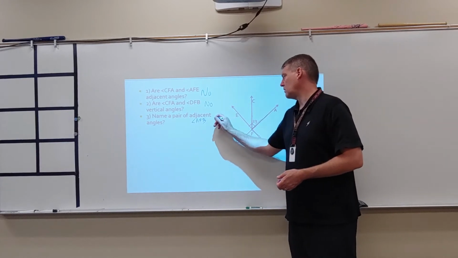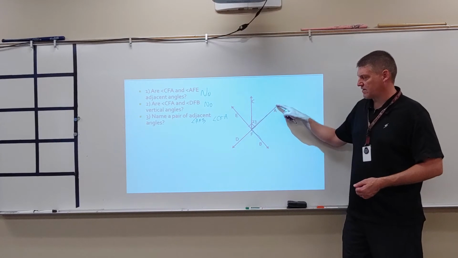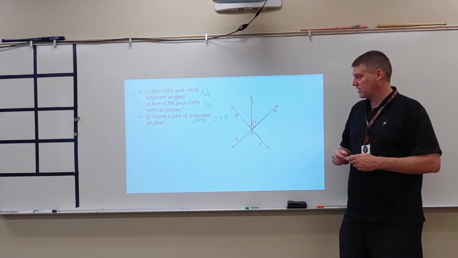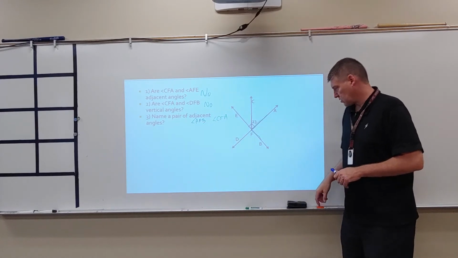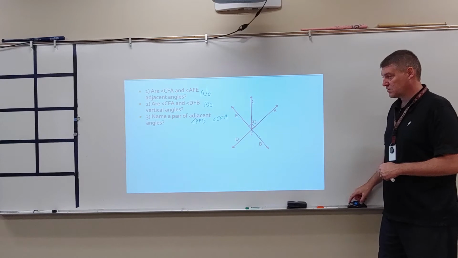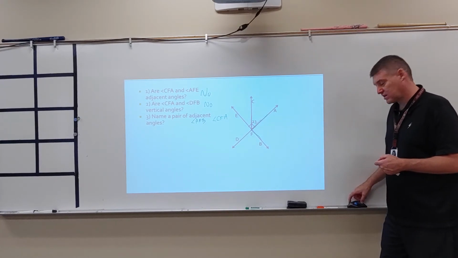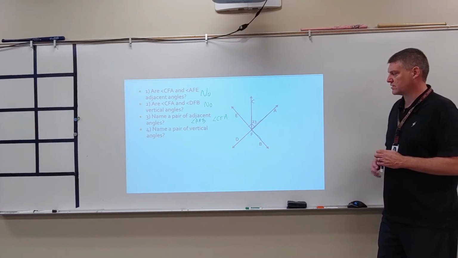Notice I have CFA and AFB, so I have AF and AF. That tells me they potentially could be adjacent. I look, and there aren't any interior points in common, so they're adjacent.